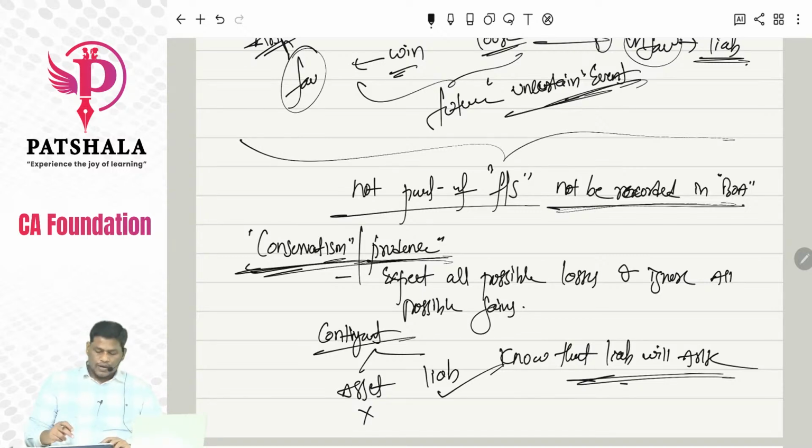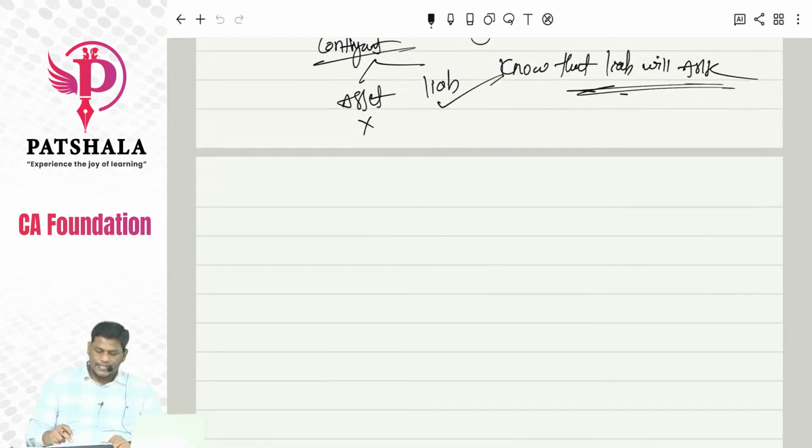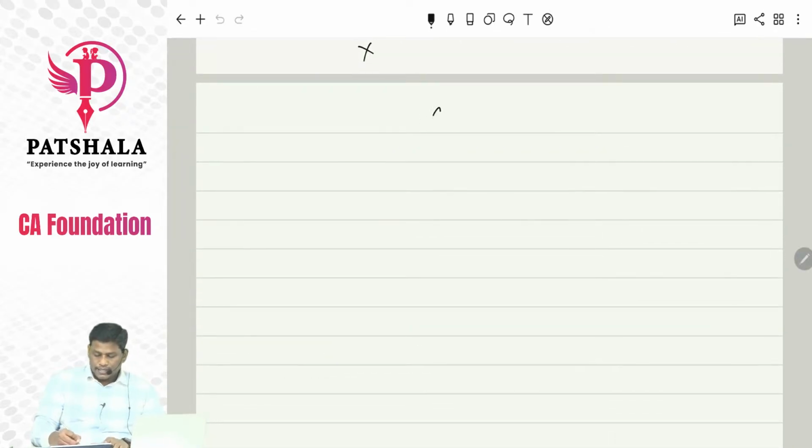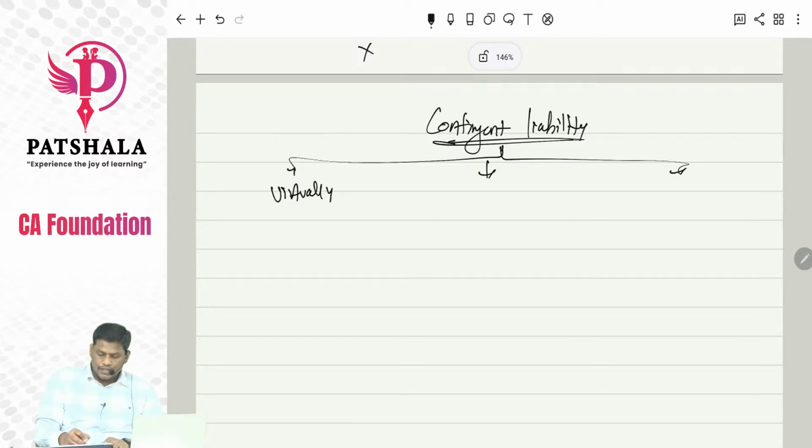Now again for this, there are three situations that will arise in your contingent liability. Contingent liability can be in three stages. First one, it is virtually certain.